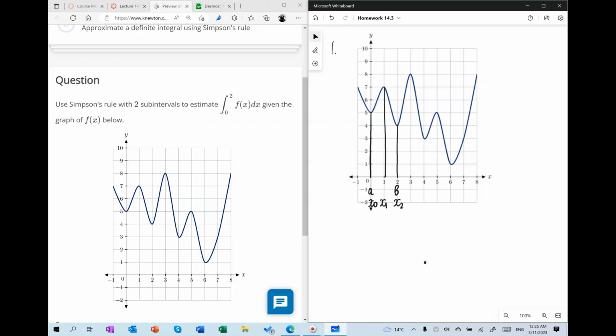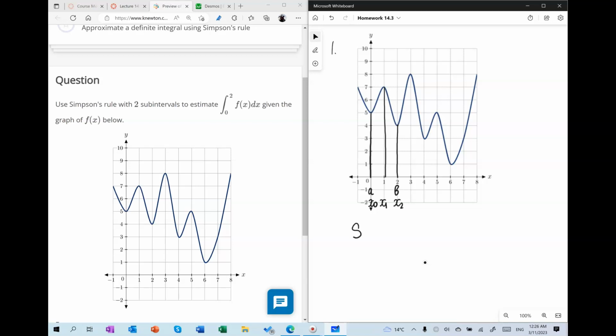And the idea is that we are using parabolas instead of rectangles or trapezoids. So it is less intuitive, and we have to rely more on the formula, which outlines the pattern rather than requires us to memorize it. But here's the formula.